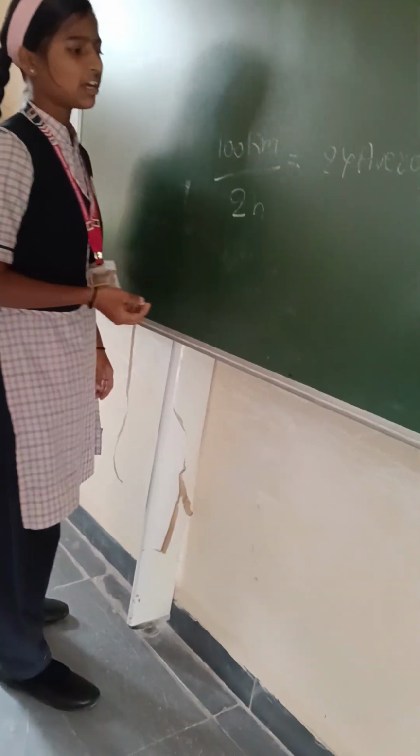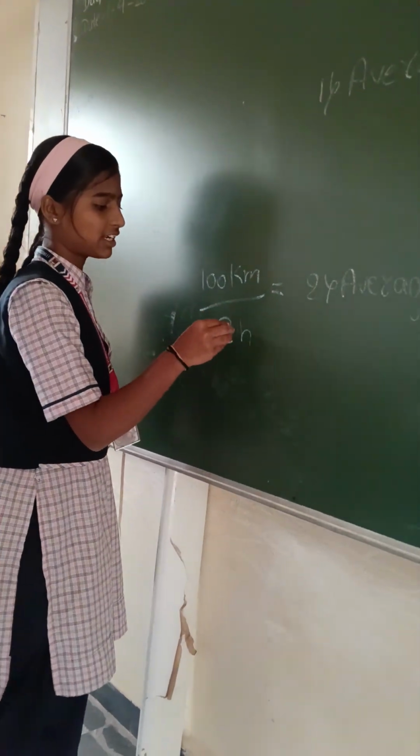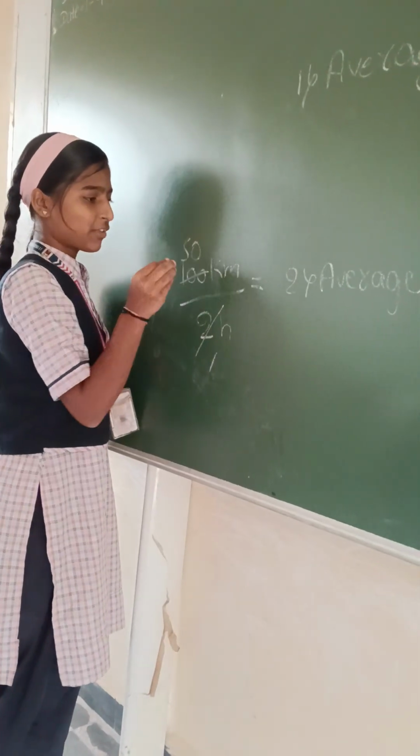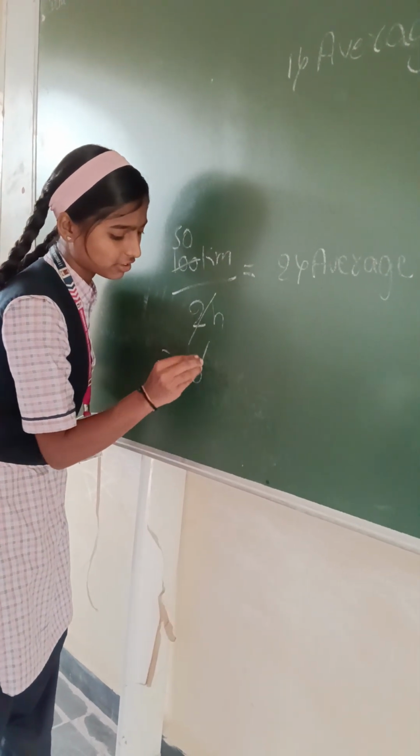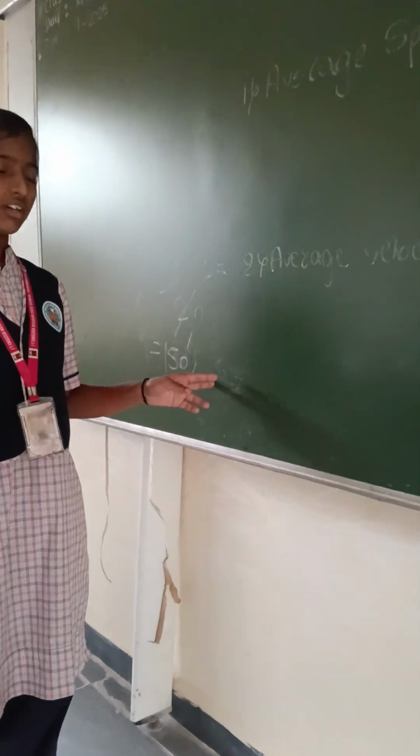I use the formula, first I write total distance divided by total time. Dividing this, 2 ones are 2, 2 fives are 10, we get 50. We get the answer 50 kilometer per hour.